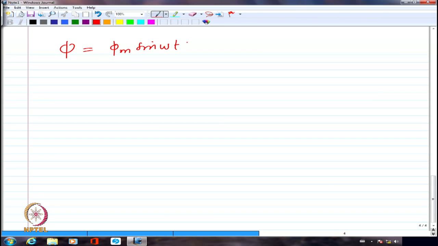This is the flux that is established in the core. Assuming that I'm going to have a good amount of permeability for the core, whatever is the flux that is linking the primary winding, the entire flux should also link the secondary winding. So this is the flux linking the primary as well as secondary.